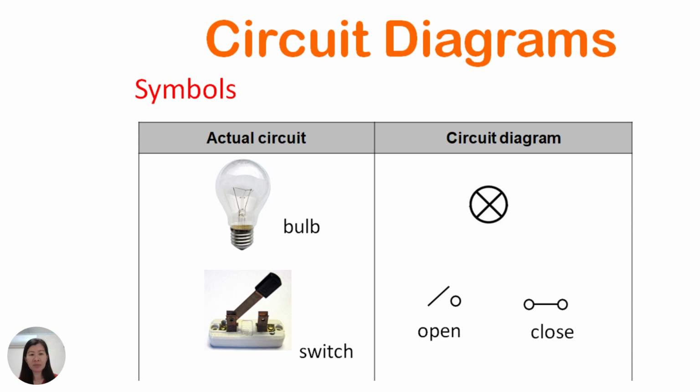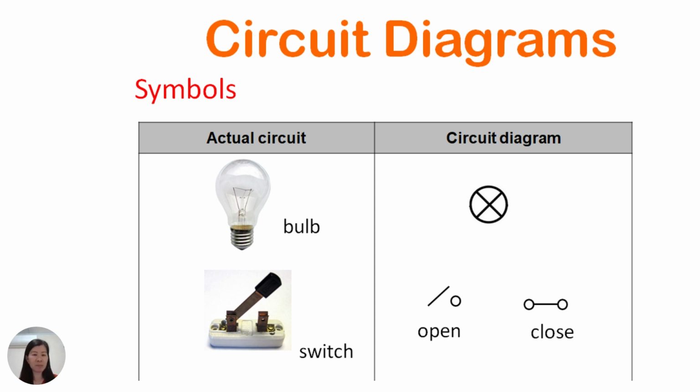For the bulb, it is actually quite difficult to draw a full diagram of a bulb, the actual diagram. So we can just replace it with a symbol. It is simply a circle with a cross. All right, so that represents a bulb, which is so much easier.